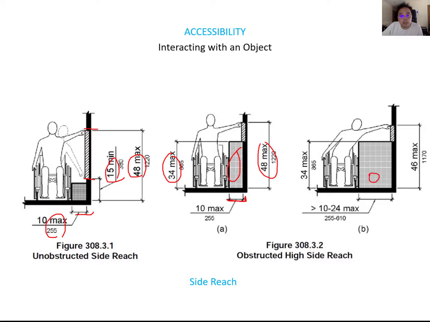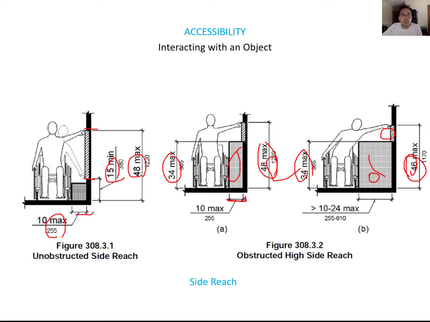However, if this object is more than 10 inches but less than 24 inches, the maximum height can be 34 inches. But in this case, the reaching area is reduced 2 inches from the 48 inches. So that's why this is reduced to 46 inches.